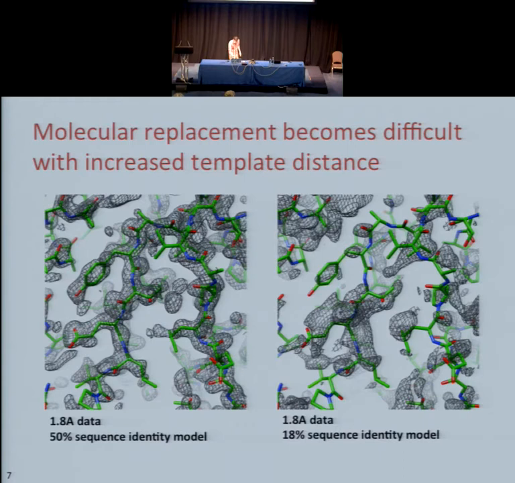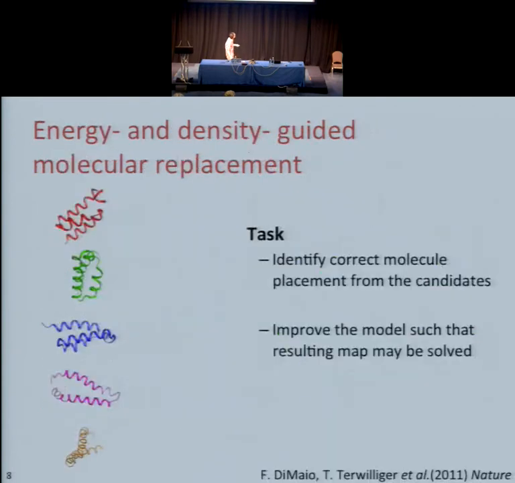And so we can use Rosetta to try to rescue these cases. The basic idea is that we perform our initial molecular replacement search. This consists of not only multiple template structures, but also multiple orientations of the same template structure. And so we find a number of different molecular replacement solutions. One or more of these may be correct.